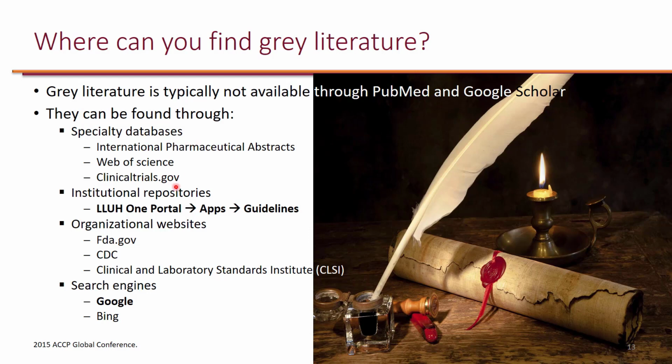Clinicaltrials.gov is really important because you can go and see if there's a clinical trial going on which is not complete yet, but sometimes you can get information out of it, like inclusion and exclusion criteria and dosing, until the study is actually completed and published. And sometimes the studies are completed and not published, and you can still get information about them in clinicaltrials.gov.